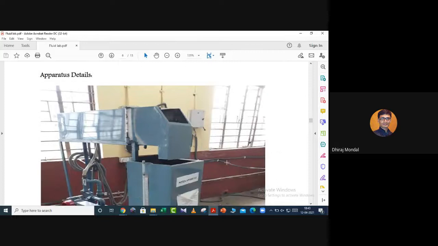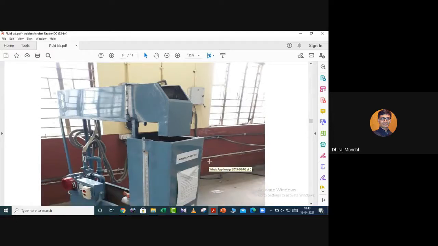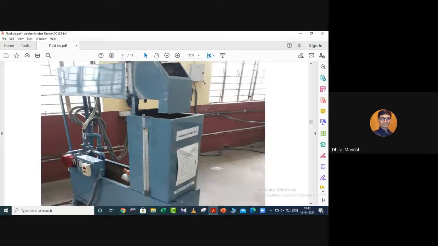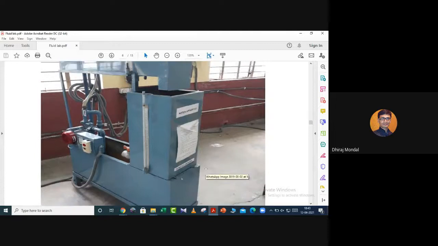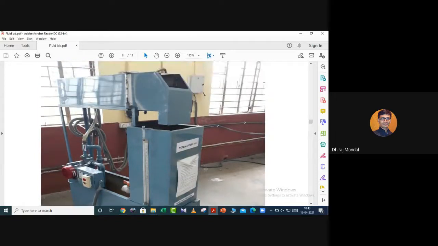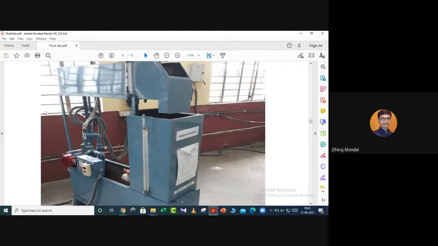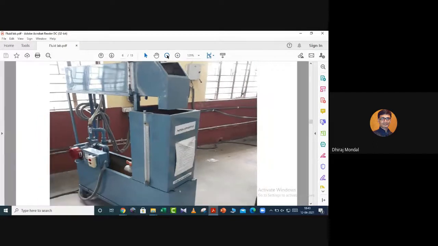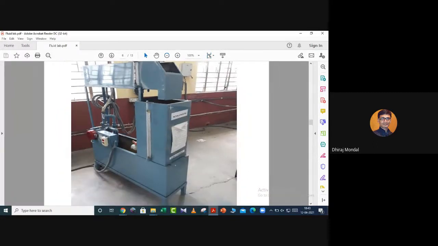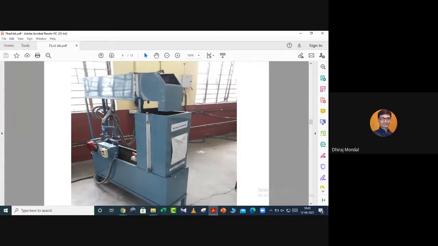Okay, so I will be sharing with you what is CO, and here you can see the apparatus details, the notch apparatus. Okay, I think it is visible now. Here it is the notch apparatus, and in this particular channel here it is the pump.